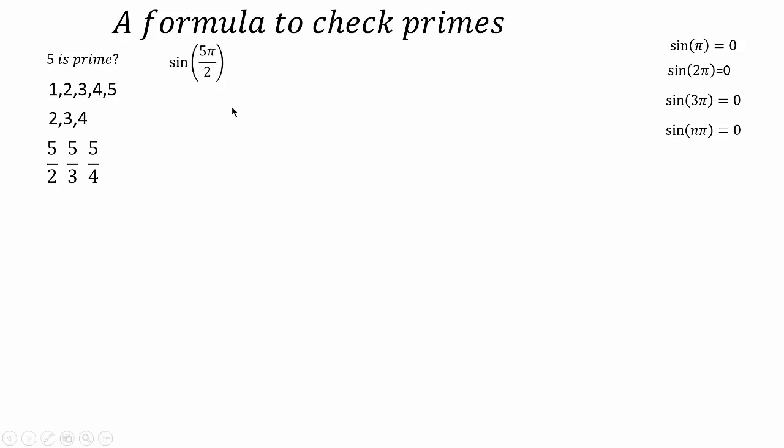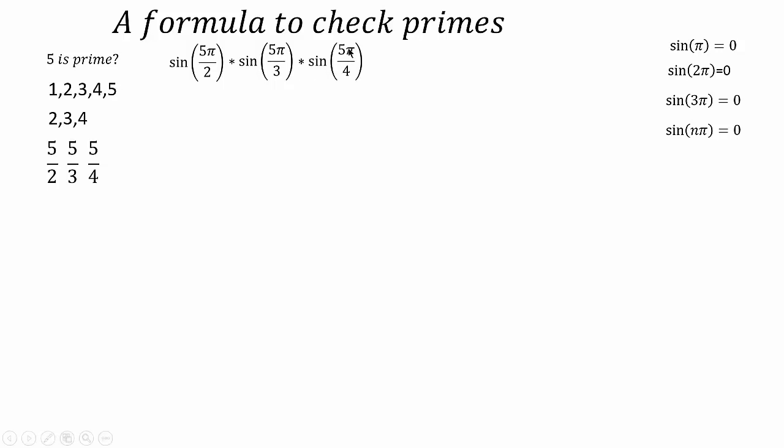So let's keep sine 5 pi over 2. Since 5 by 2 is a fraction, it is not an integral multiple of pi, so the whole function will give a certain value and it won't give us 0. 5 by 3 times pi is also not an integral multiple of pi, so it will give some value except 0.